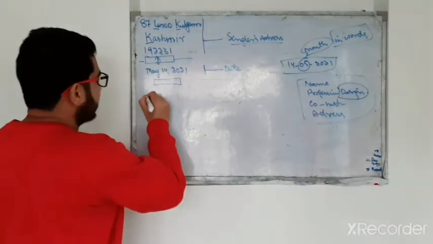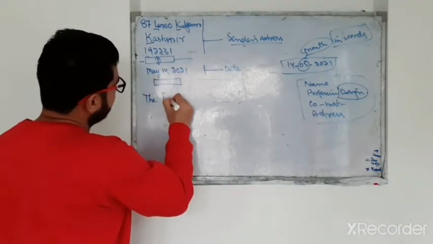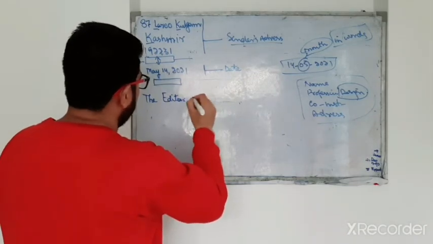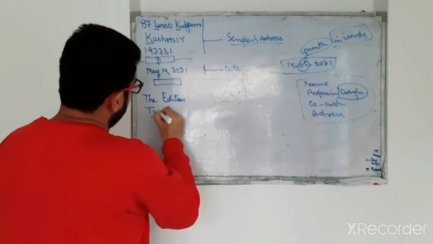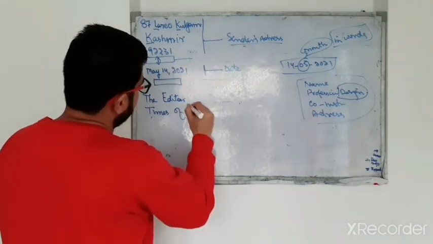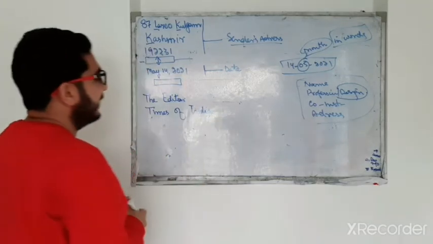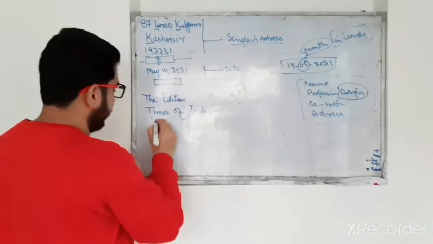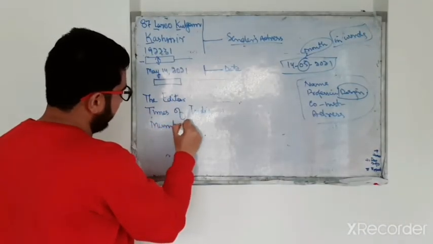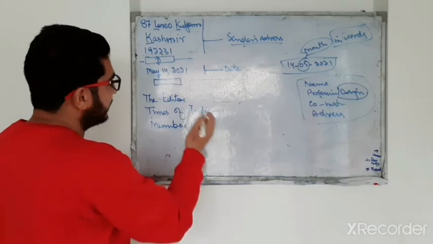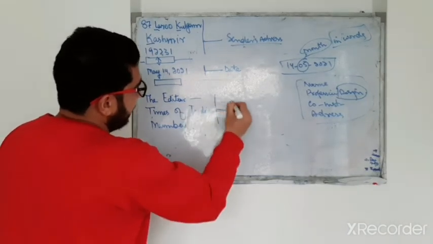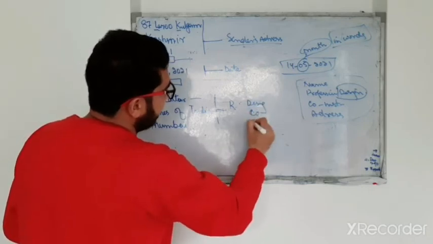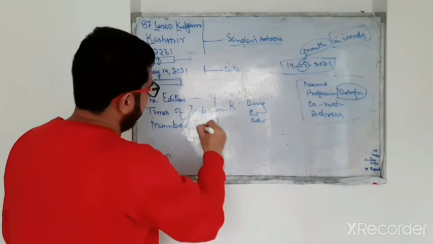So I will write, for example, The Editor, Times of India, and I'll write the address also, for example, Mumbai. So this is the recipient's designation, company, and address.